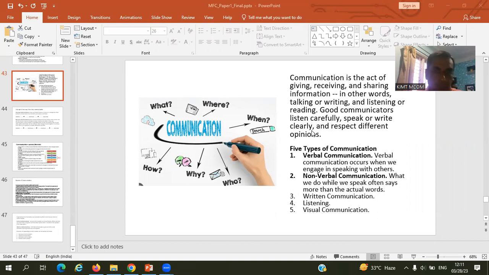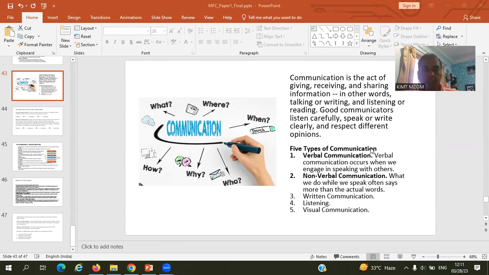What is communication? Let me read the definition, then we'll discuss through examples. Communication is the act of giving, receiving, and sharing information. In other words, talking or writing, and listening or reading. Good communicators listen carefully, speak or write clearly, and respect different opinions.